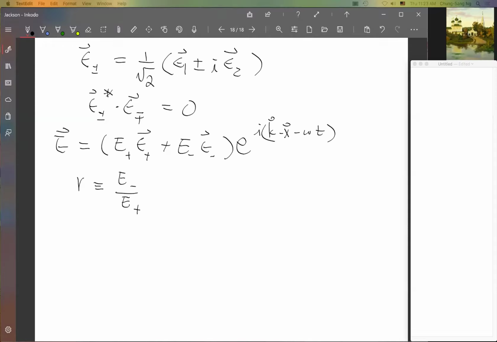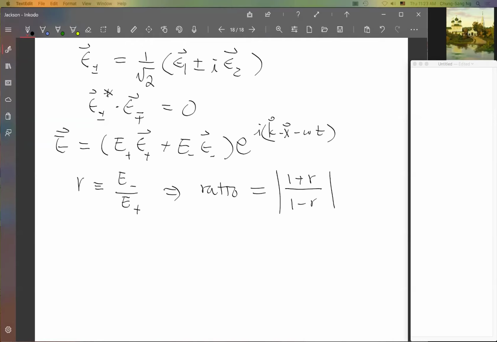It means that the ratio of the two axes, it's a little bit difficult to see, turns out to be the magnitude of 1 plus R divided by 1 minus R. So we need to do a little algebra to get to that.